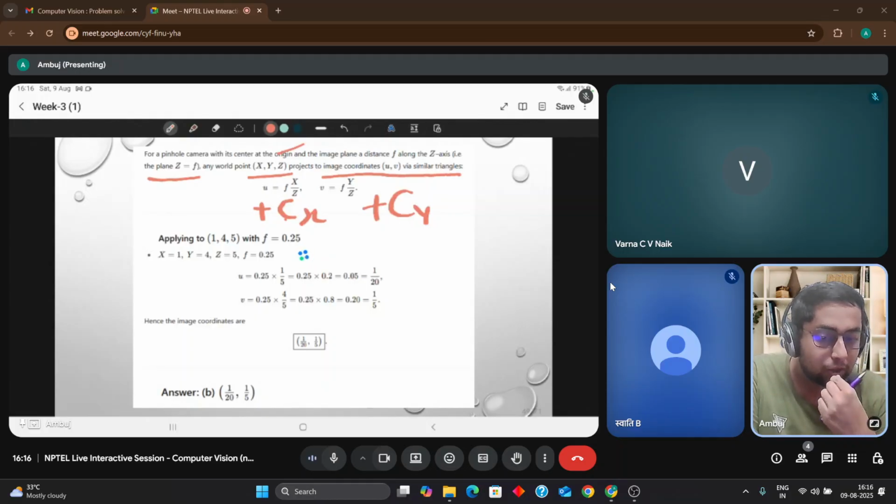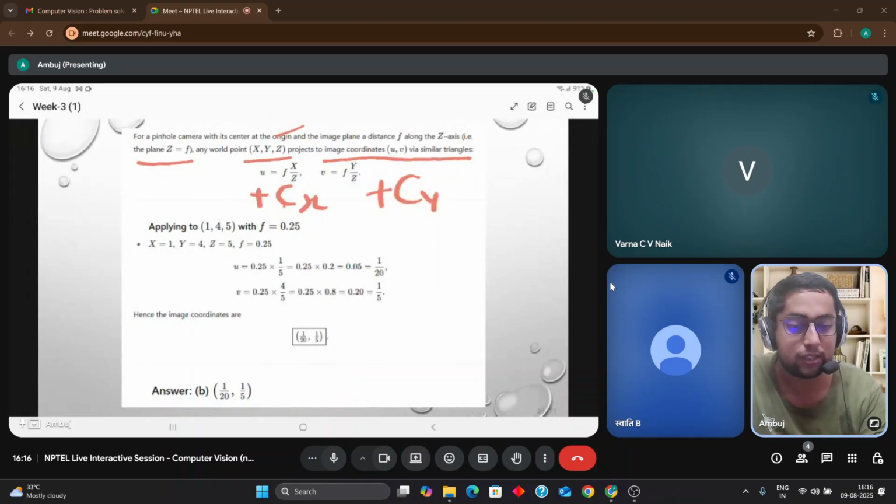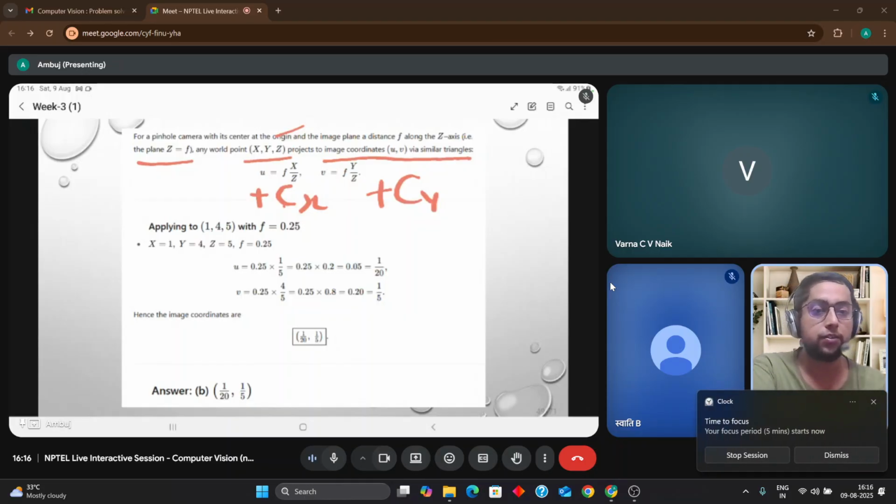So X has been given to you as 1, 4, 5, and f has been given as 0.25. Then you calculate u equal to f into X by Z. Since the center is at origin, we will use this particular form and remove the principal points cx and cy.